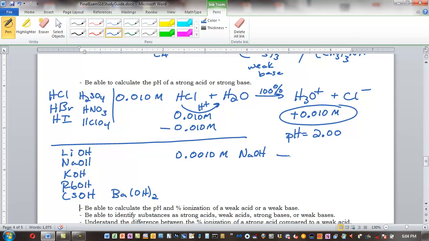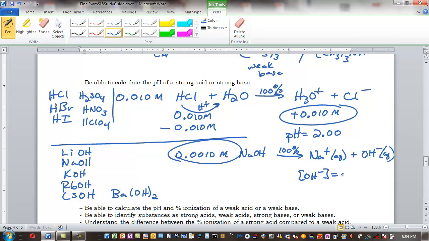So sodium hydroxide in water will go 100% to sodium ions and hydroxide ions. So all of that sodium hydroxide dissolves, so the hydroxide concentration will equal the starting concentration of sodium hydroxide. So hydroxide is 0.001 molar. Wow, that was nice.